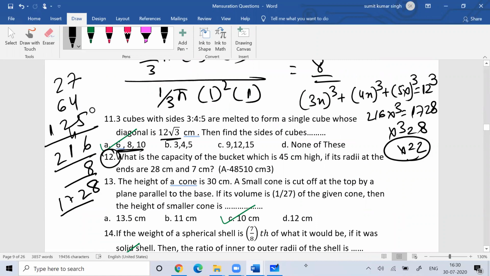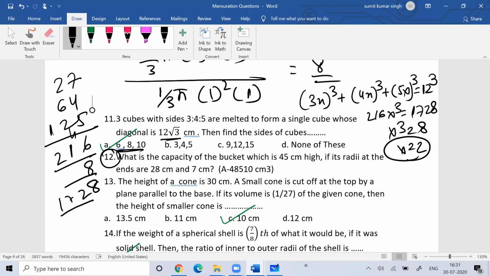Then the next question, you can see question number 13. The height of a cone is 30 centimeter. A small cone is cut at the top by a plane parallel to the base.